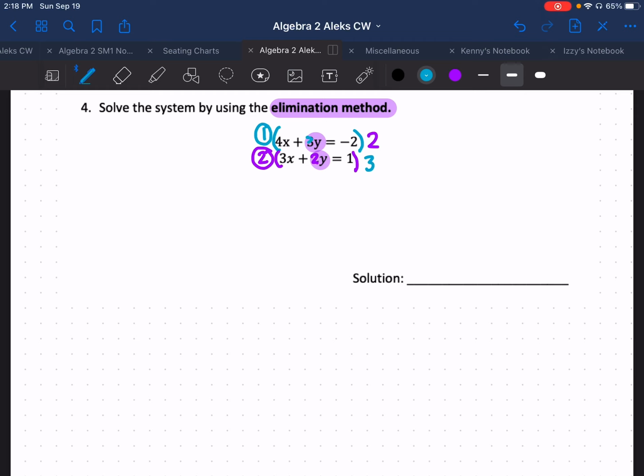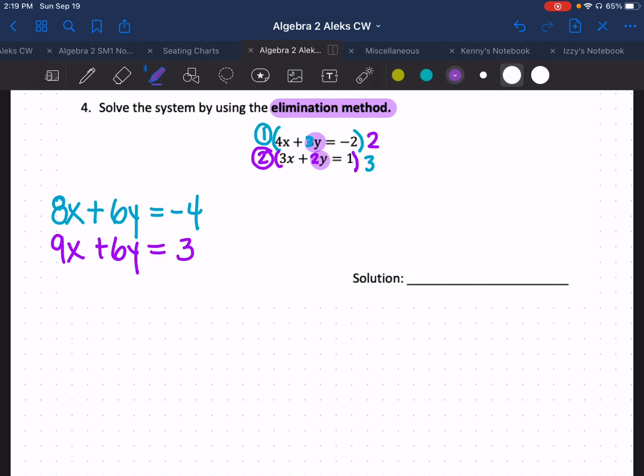I got that 3 from right here. That works every time. All right, so my equation number 1 is going to become 8x plus 6y equals negative 4. And my equation number 2 is going to become 9x plus 6y equals 3.